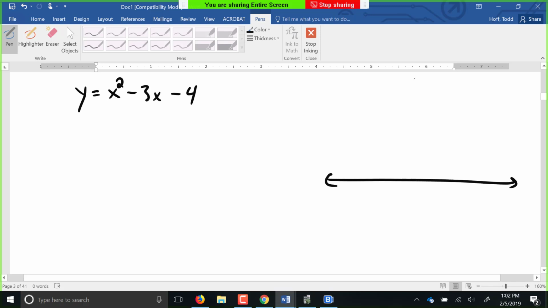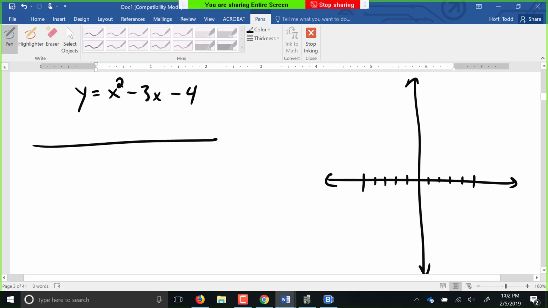We can pick values for x and come up with values for y, but it's not going to be quite as simple as it was before.